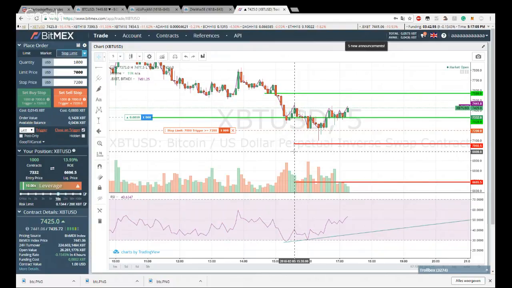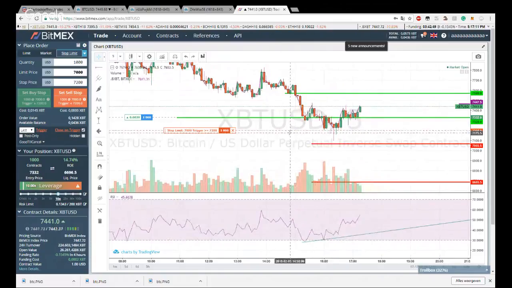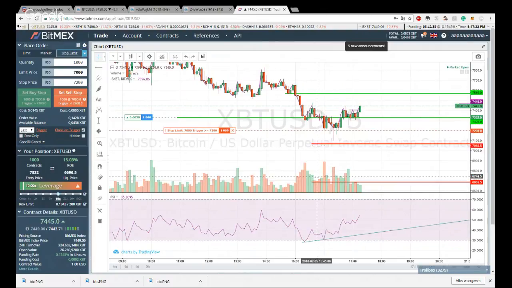But what some whales do is they trigger stop limits, intentionally or not intentionally, by selling a massive amount in one go. And then there will be no buy orders and all the stop limit orders will be triggered further below.